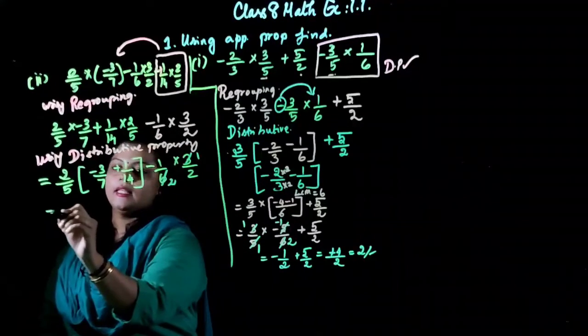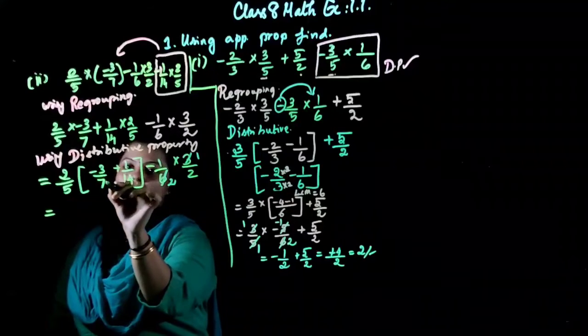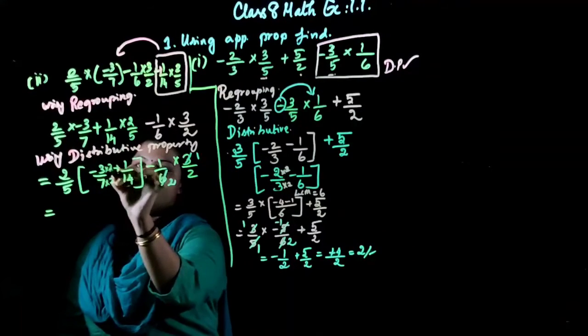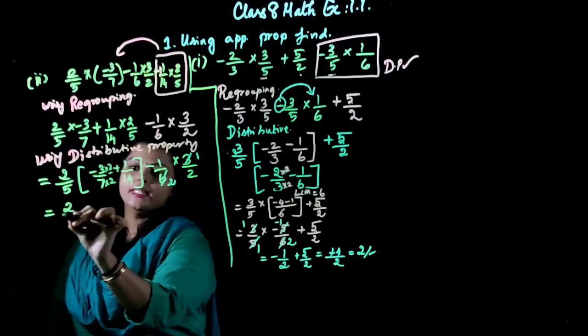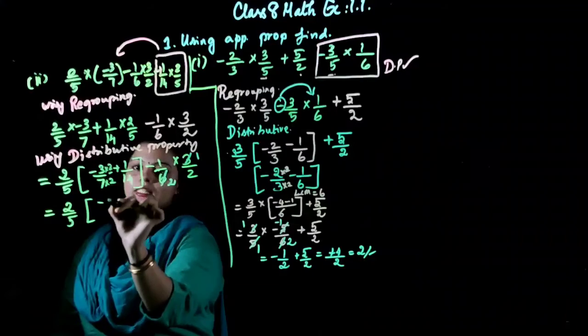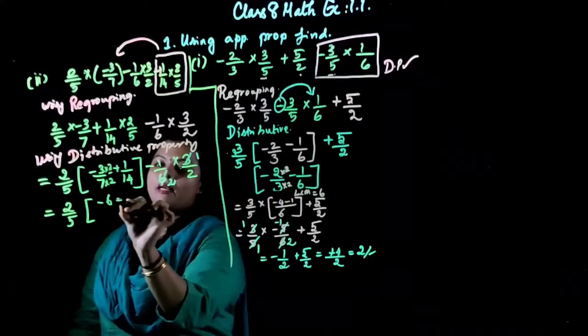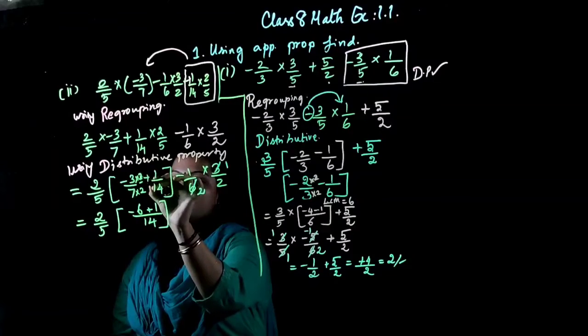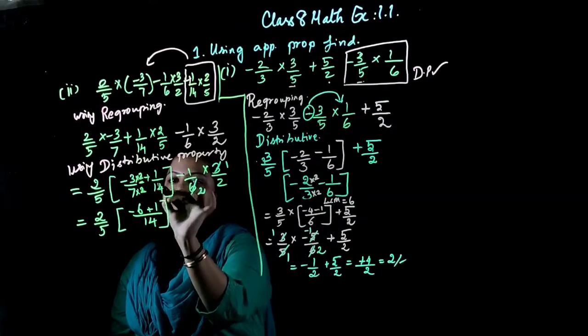Next, use the LCM to be 14. So this is to be multiplied by 2 and divided by 2. You would get 2 by 5 into minus 3 into 2 by 2, because we are taking the LCM as 14.